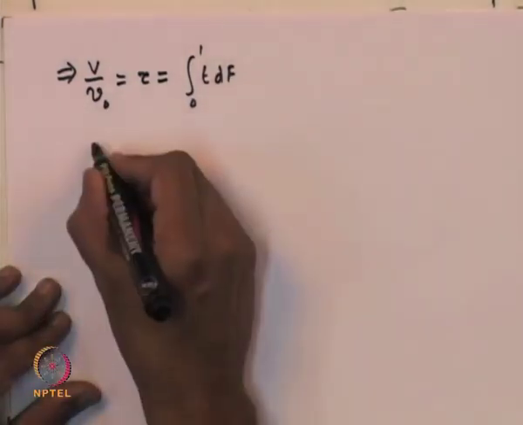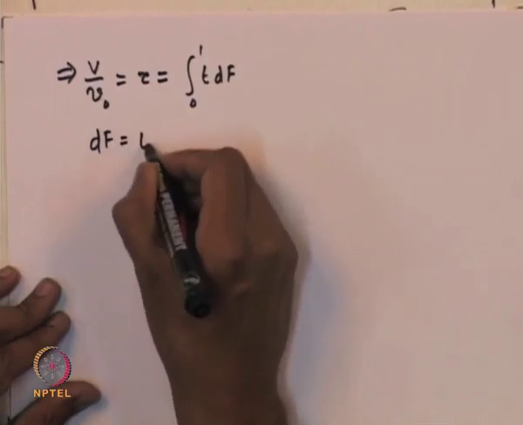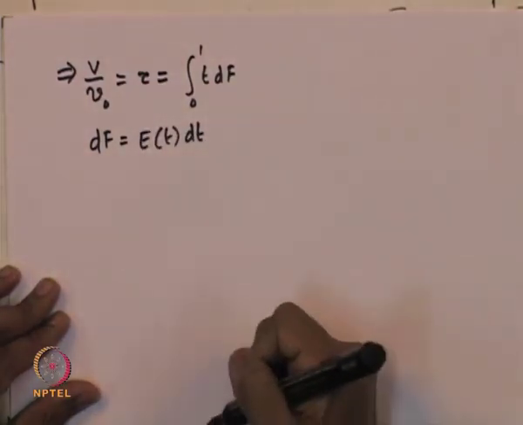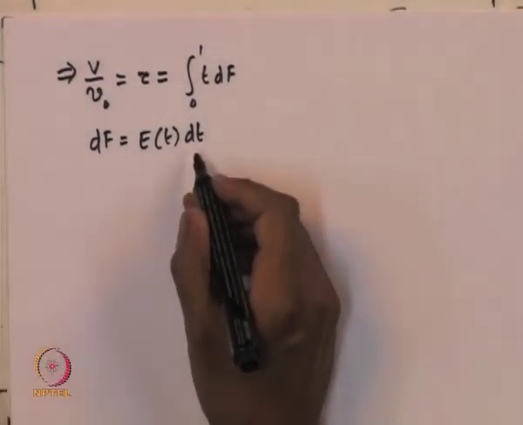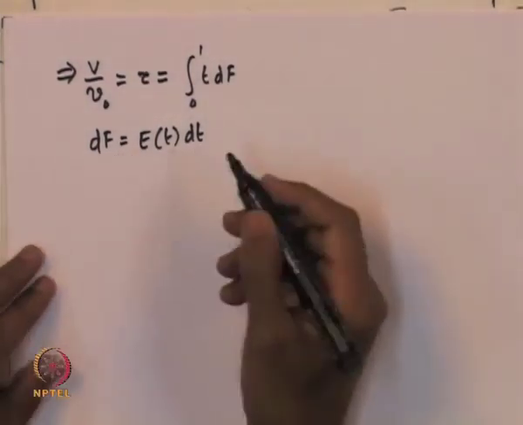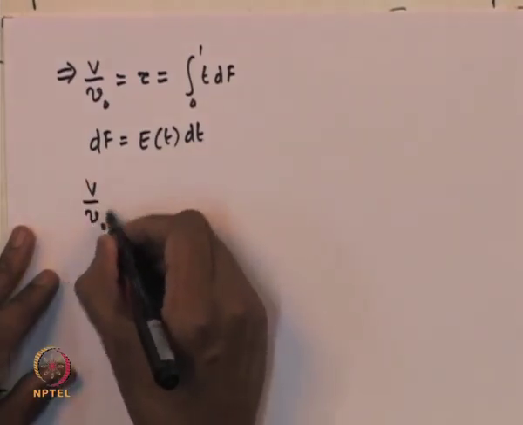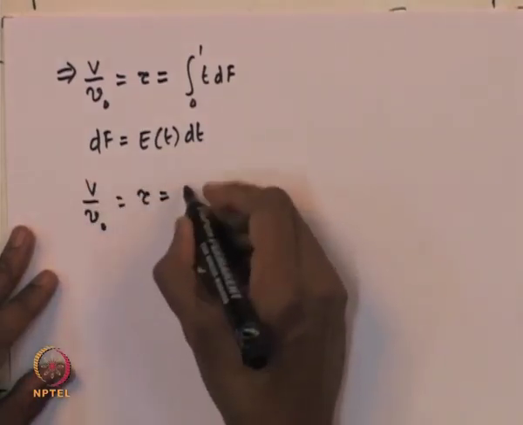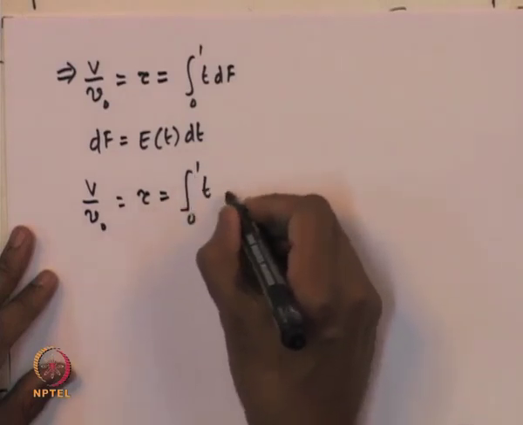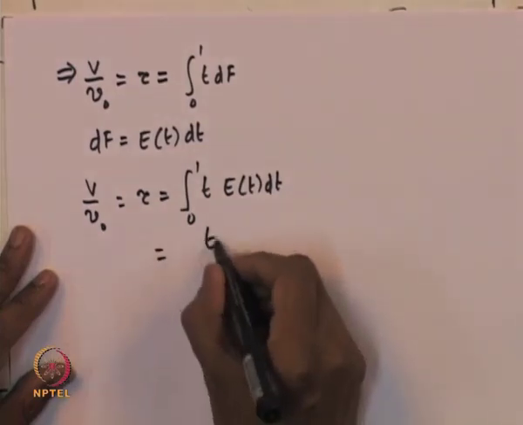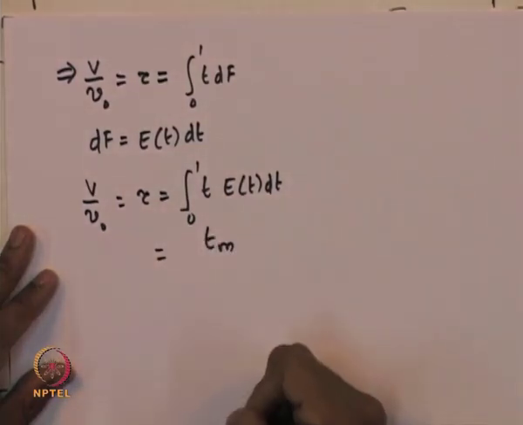df is nothing but the residence time distribution itself, E t into dt, which gives the first differential of the f curve, and therefore, V by V naught, that is equal to tau, is equal to the integral of t times E of t dt, and that is nothing but the mean residence time itself.